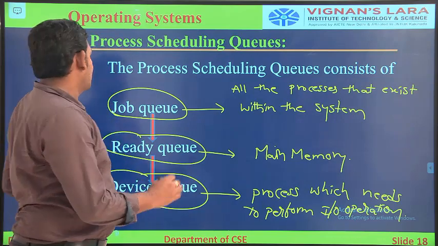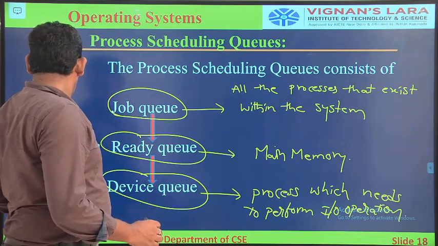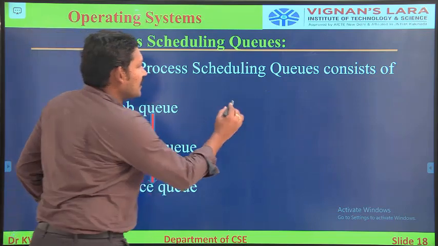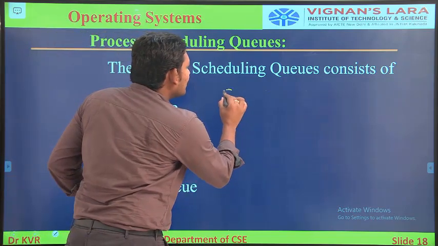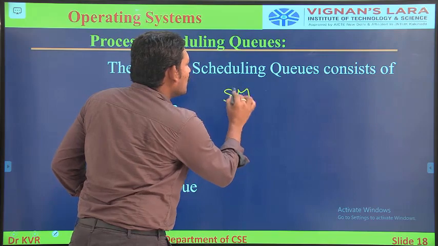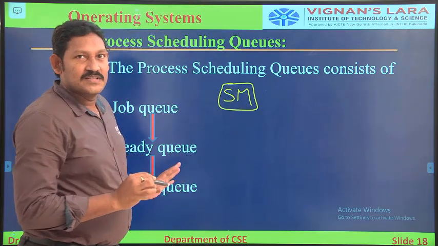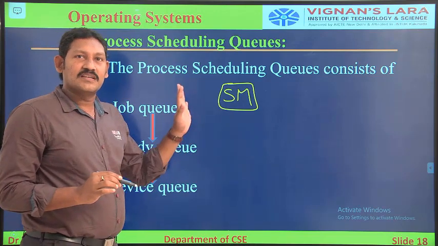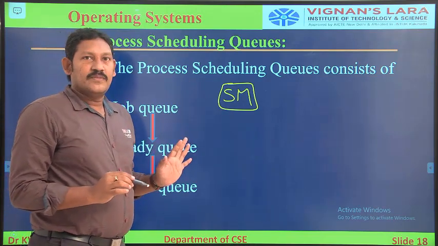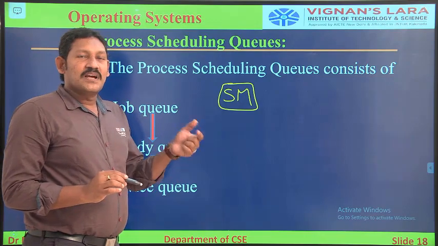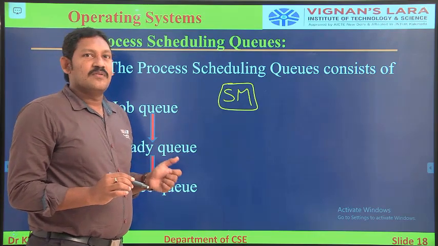For example, if you see, we have secondary memory. The secondary memory device is the external hard disk or external hard device. All the devices which can be connected externally come under secondary memory devices.